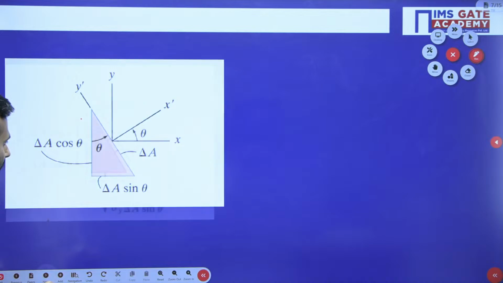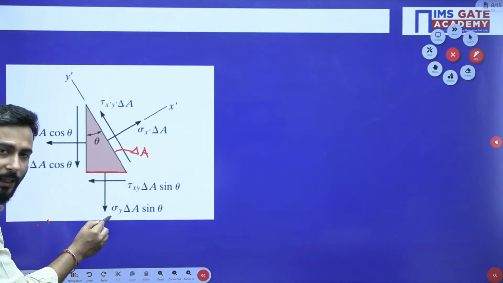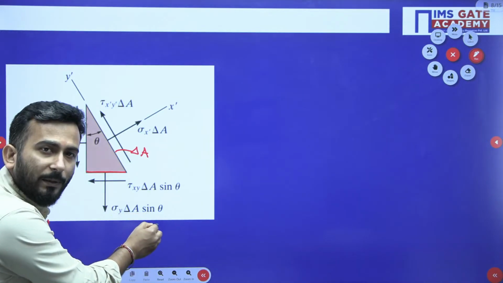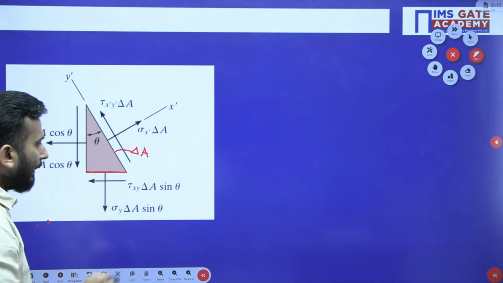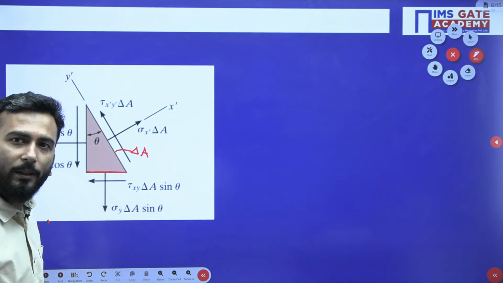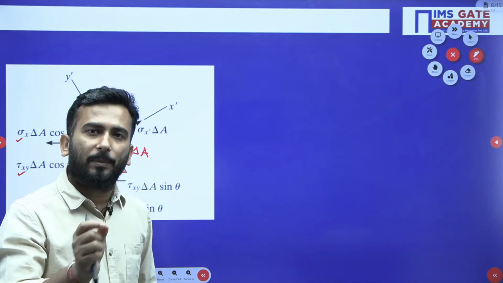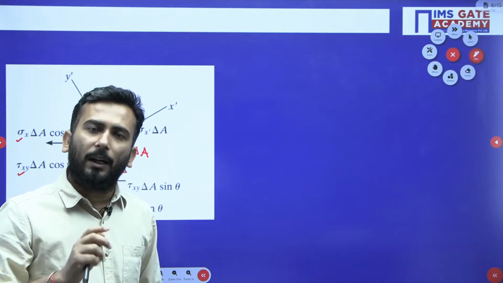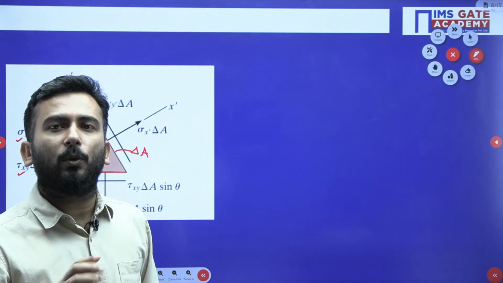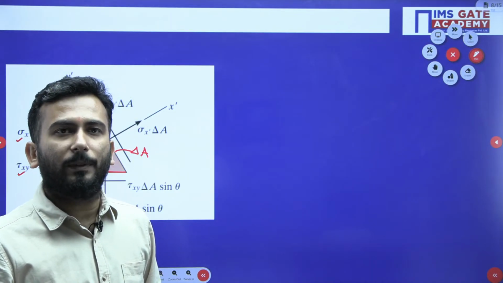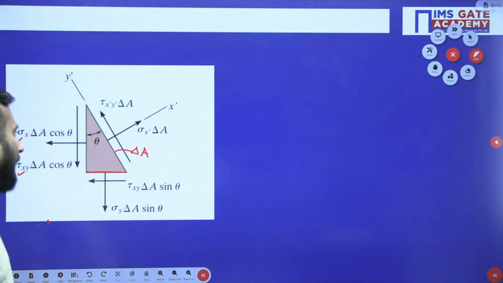If you multiply with the area you will get the force. Similarly tau, you multiply with the area, you get the force. So just see what your phases are and simply multiply with the area, you will get the force, and ultimately we have to do only force equilibrium, and we will get the answer.